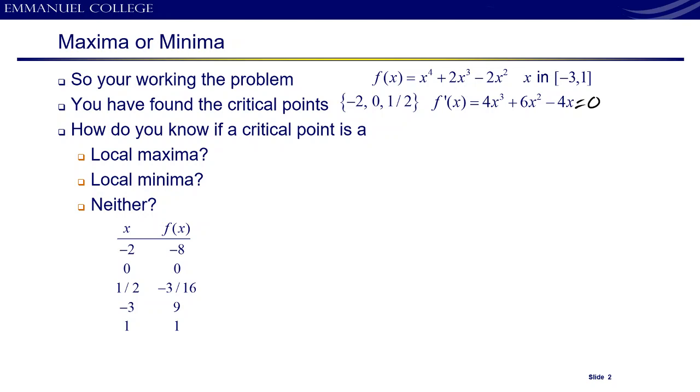Because if I look at negative 2, I'm at negative 8. If I look at 0, I'm at 0. At 1 half, negative 3/16, at negative 3, 9, and then 1 is at 1. So you have your endpoints and your critical points.